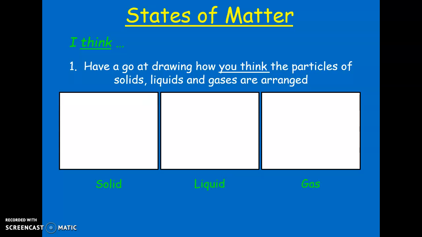For this, I'd like you to use small circles to represent the particles and have a go at drawing how they're arranged in each of these three. You might want to copy the boxes down. Pause your video here. Spend about 4 or 5 minutes just thinking about this and drawing them out. There'll be a part 2 to this just when you unpause it. So pause the video there, have a go at this, and we'll continue once you unpause it.